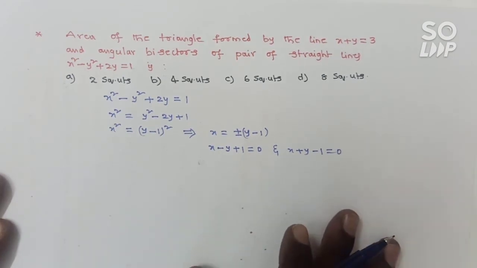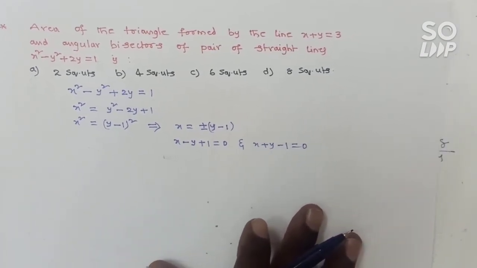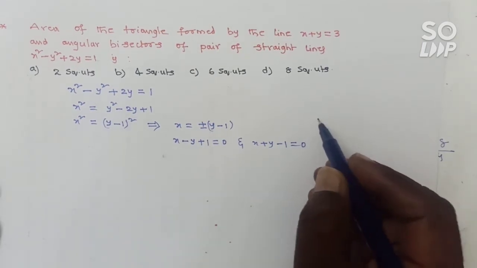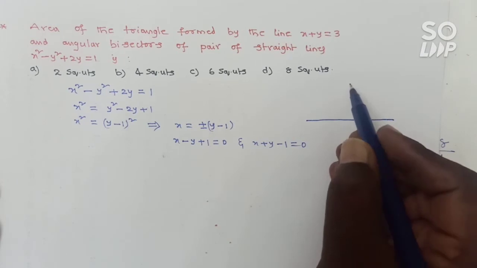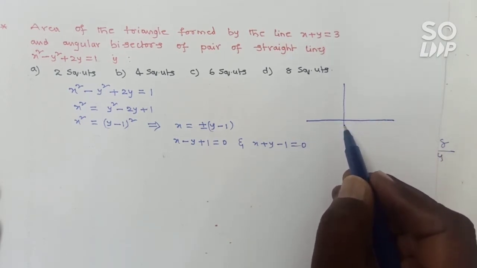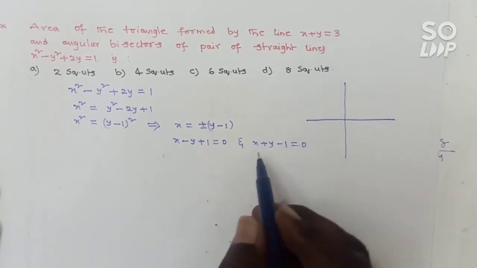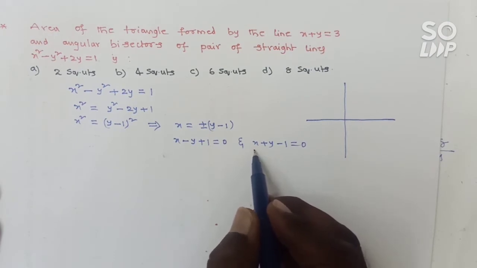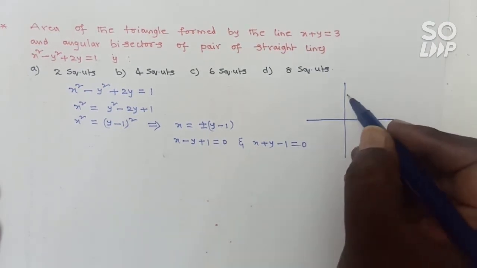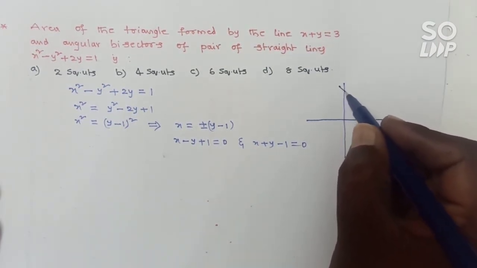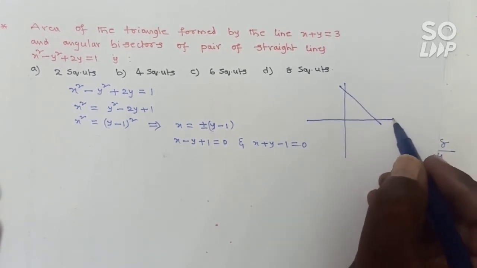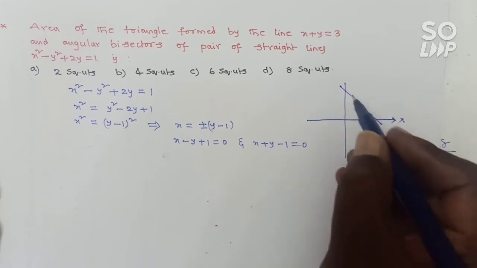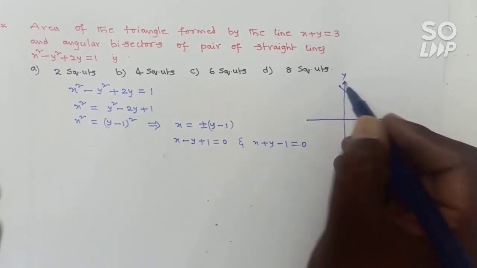Now you draw the figure related to this. Here this is the x axis and this is the y axis. Now this line makes equal intercepts: the x intercept is 1 and the y intercept is also 1.